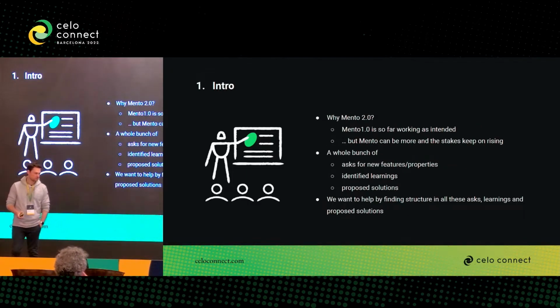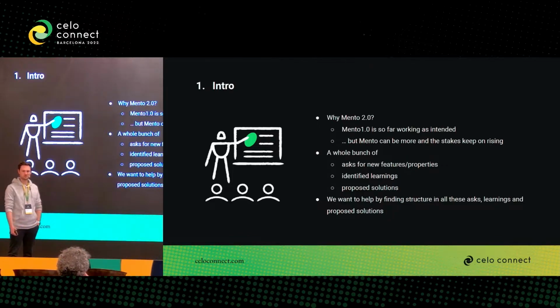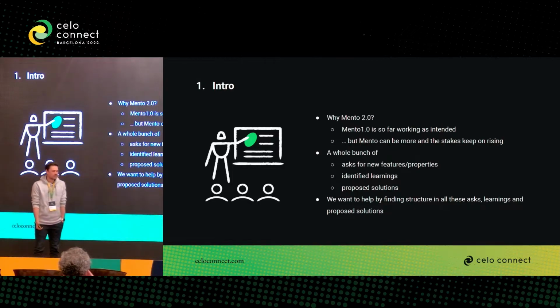So before we go into detail, why do we even need a Mento 2.0? Why should we invest in this? Worth mentioning, I call it Mento 1.0 for now, just to make sure people see the difference. Mento 1.0, the current stability protocol, is working as intended since launch, which is great news. No major defects or anything like that.